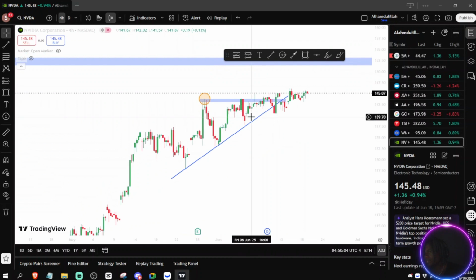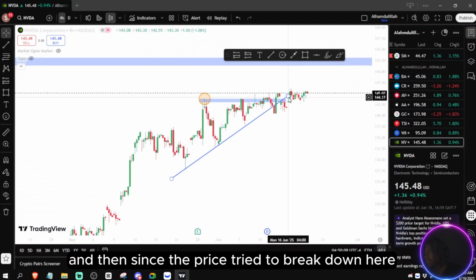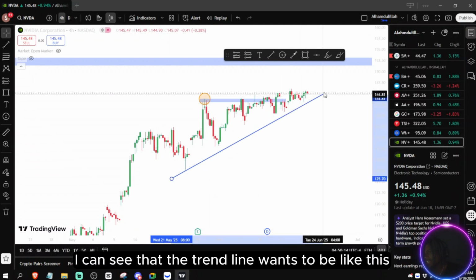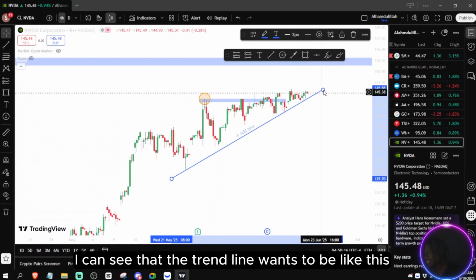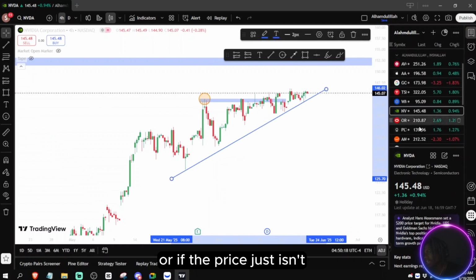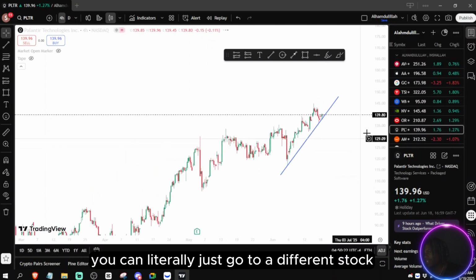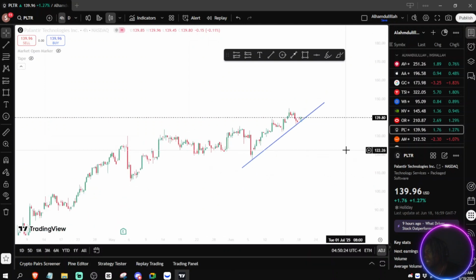And then, see, price tried to break down here, didn't quite hold, so now I can see that the trend line wants to be like this. Or, if the price just isn't how you want it, you can literally just go to a different stock.